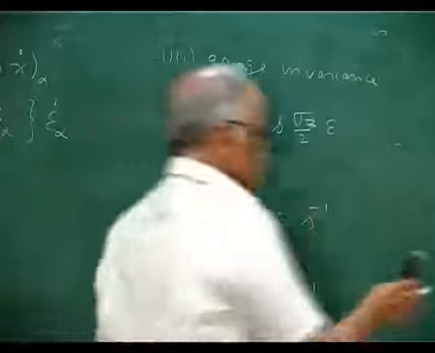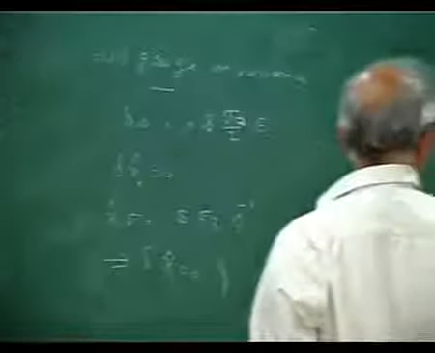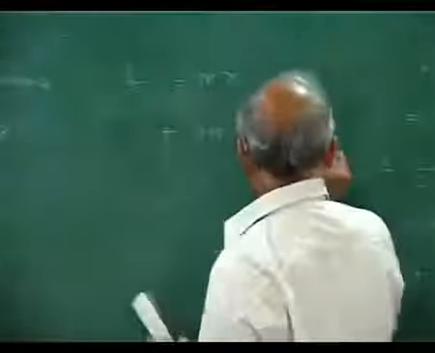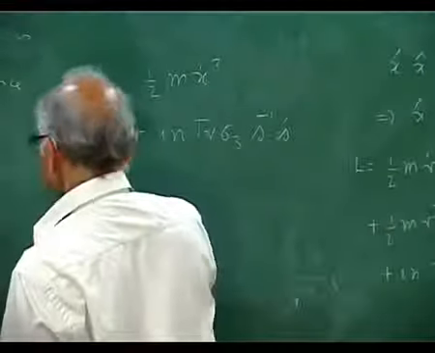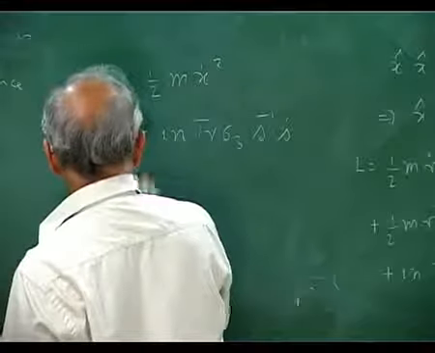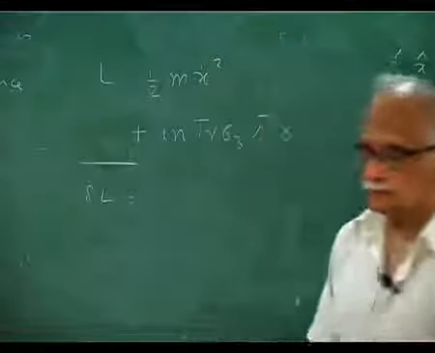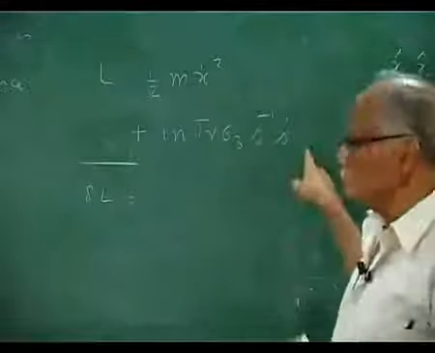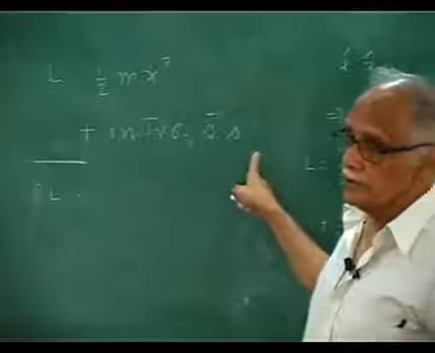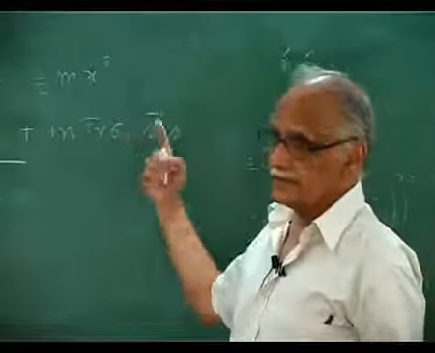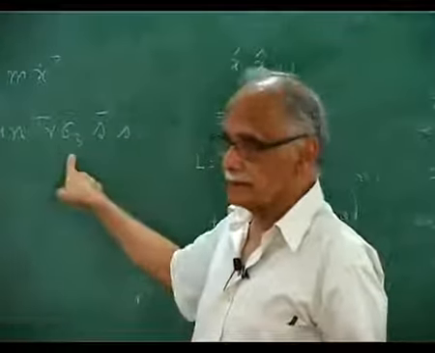But this term on the other hand, so delta L, for the first term I get nothing. For the second term, if I do not differentiate epsilon, again by cyclicity it will vanish, because it will commute with this.